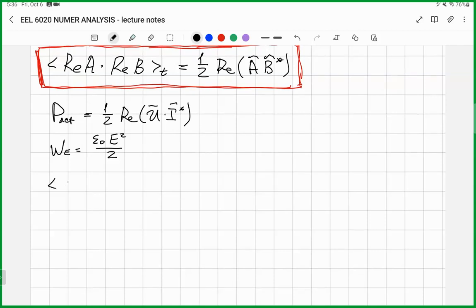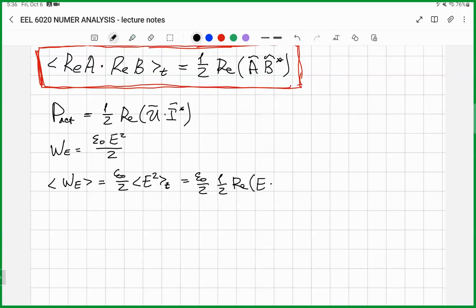So for the time average of the energy density of the electric field, now I have what? Epsilon naught over 2, and then the time average of the electric field squared, which is 1/2 real part of E times E conjugated, right?